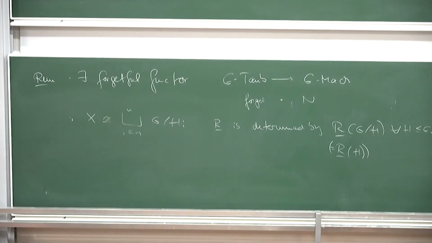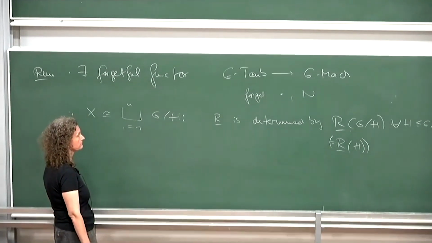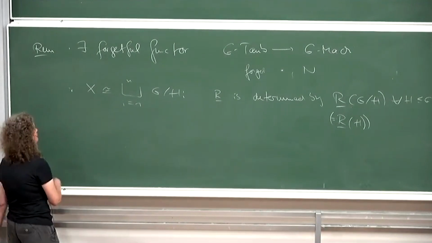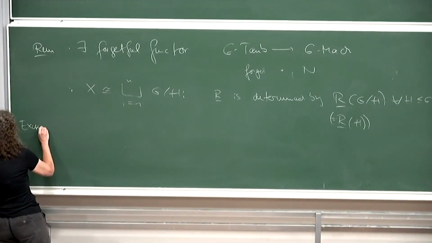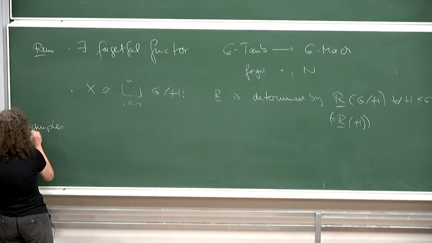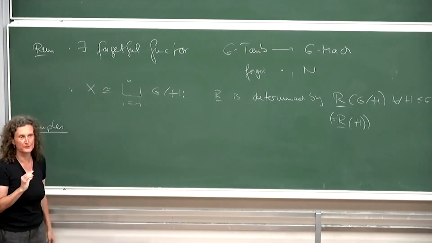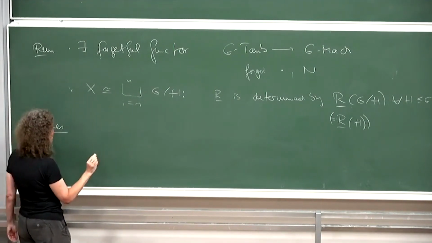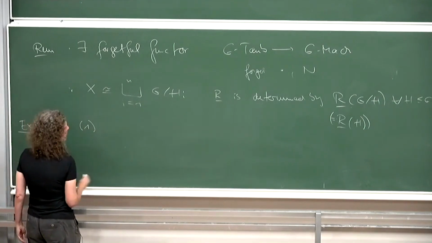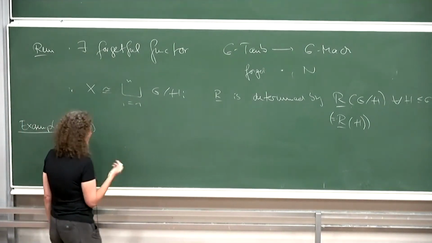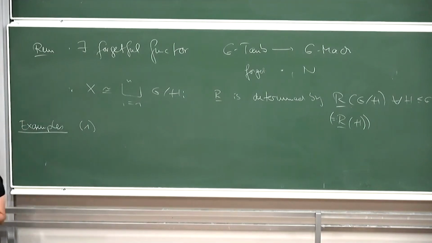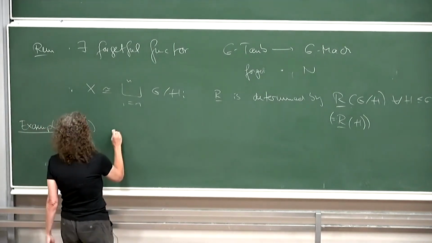So let's do some examples before we go to Loday constructions. I'm really grateful for Emanuele for mentioning all these things before. If you have a commutative ring with involution, or more generally a commutative ring with some G action, you always get a Tambara functor.